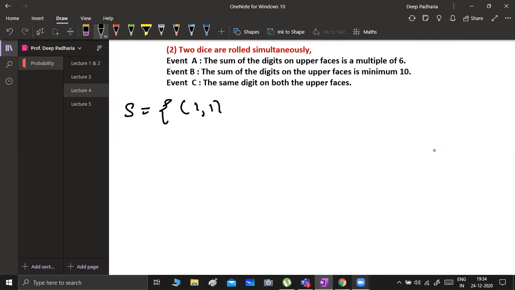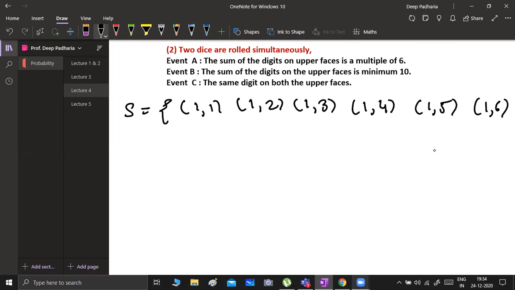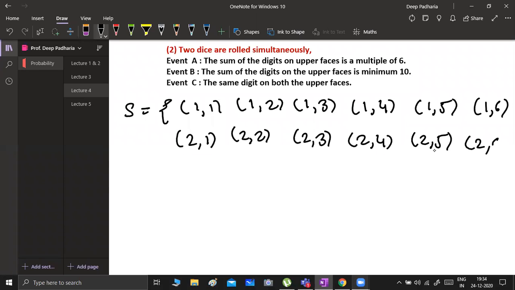It would be 1,1, 1,2, 1,3, 1,4, 1,5 and 1,6. Similarly 2,1, 2,2, 2,3, 2,4, 2,5 and 2,6.